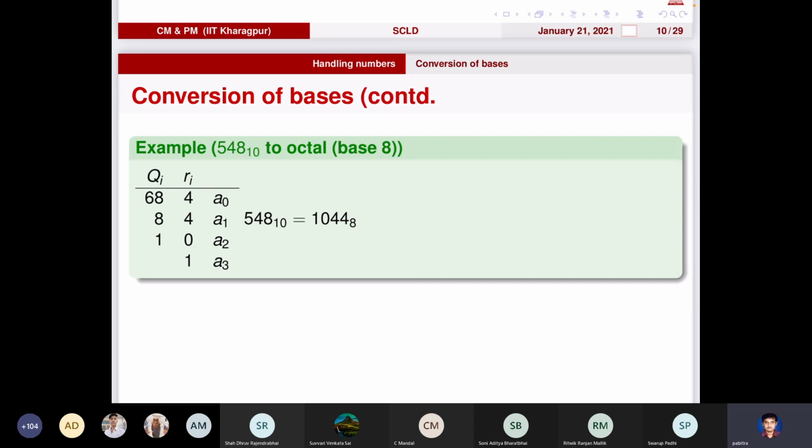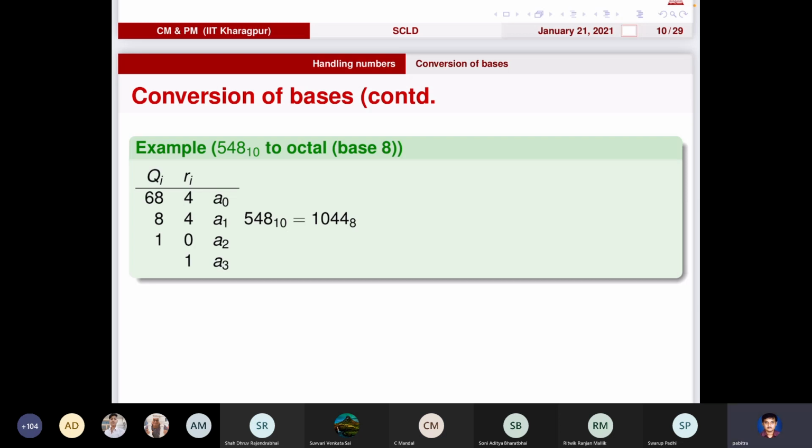So the next significant digit of the octal representation would be 4 again. Now divide 8 by 8, you get a remainder of 0 and a quotient of 1. I'm going from the least significant digit side, so the third least significant digit would be 0, and I get a quotient of 1.